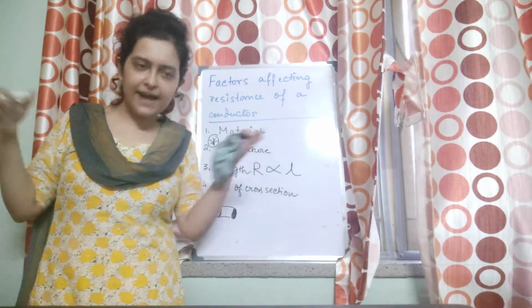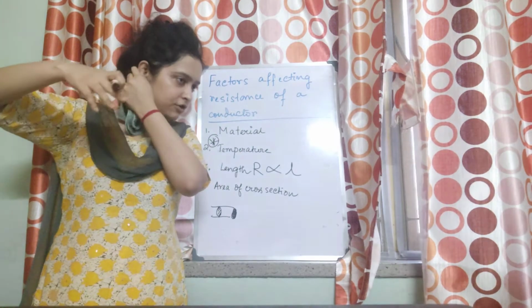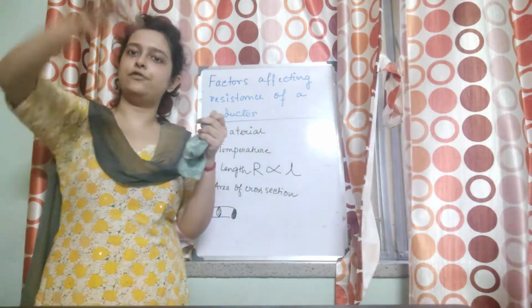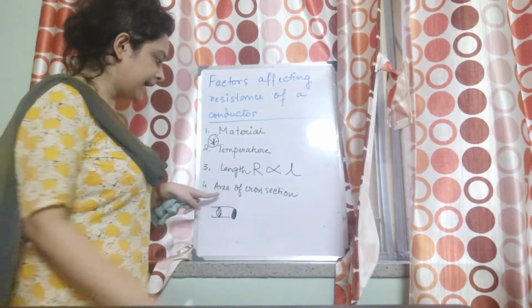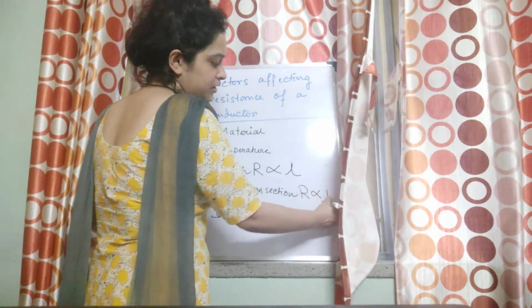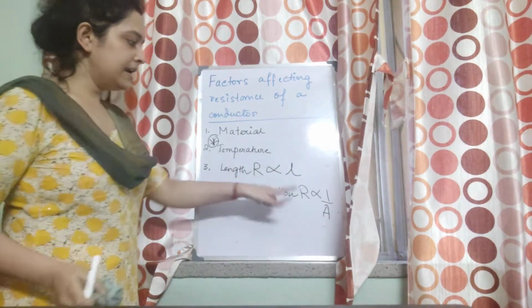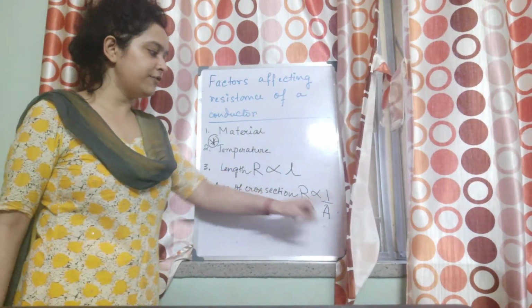It can find its way comparatively much easier without facing much obstruction. Now the electrons can flow. So R is inversely proportional to the area of cross section.